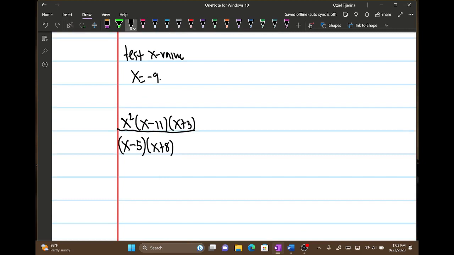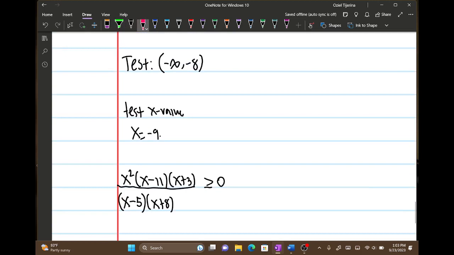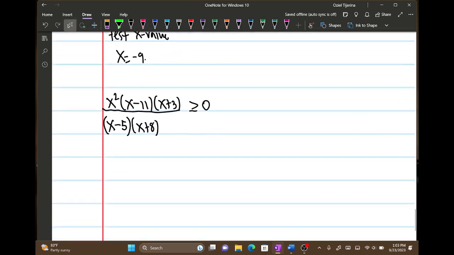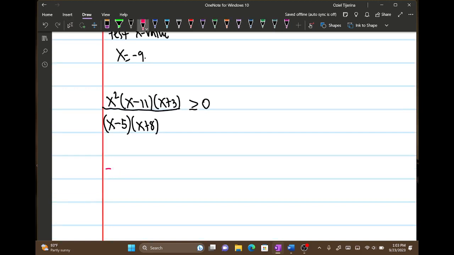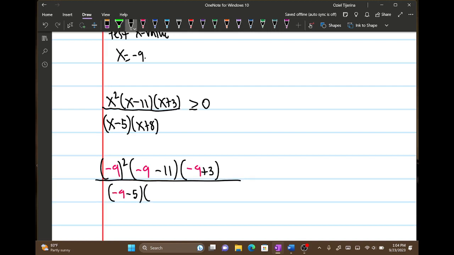So if we do it for -9, we have -9 squared times -9 minus 11 times -9 plus 3 over -9 minus 5 times -9 plus 8. And we want to know, is this greater than or equal to 0?